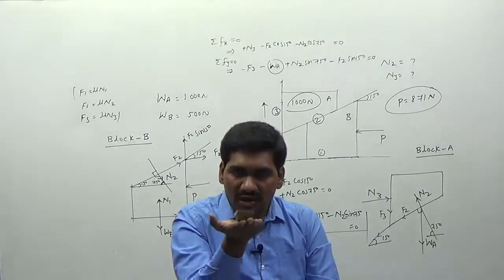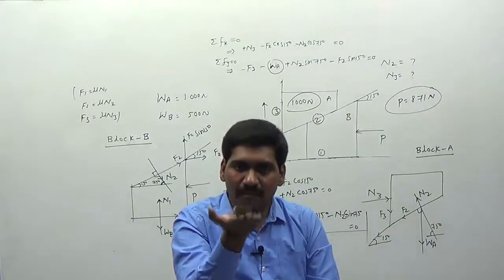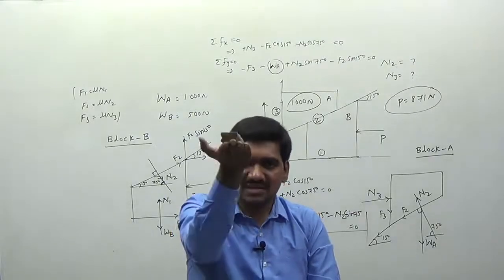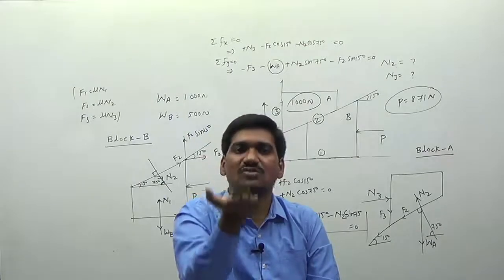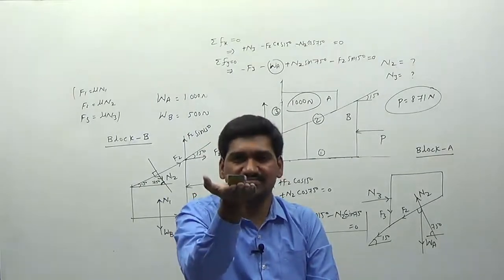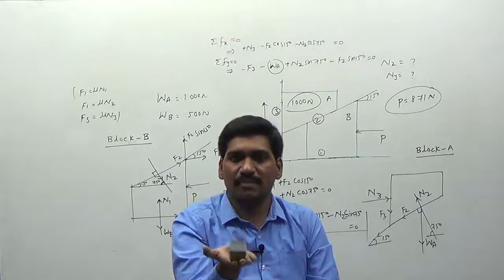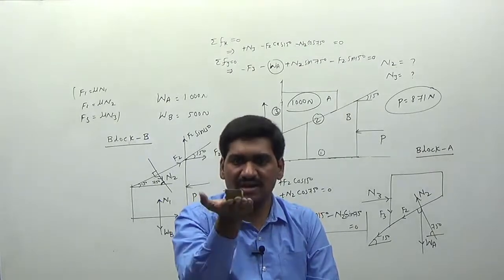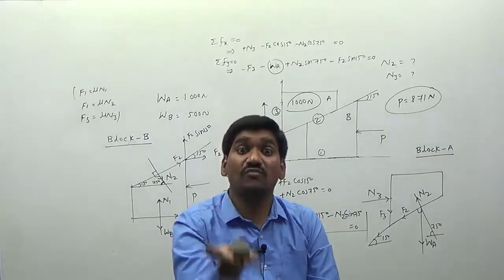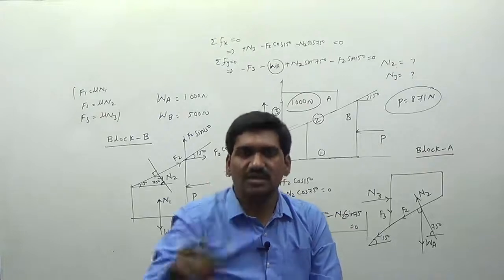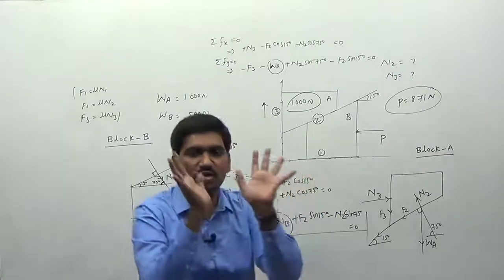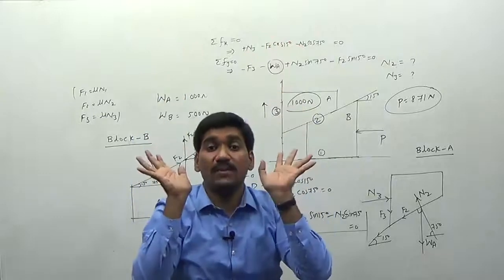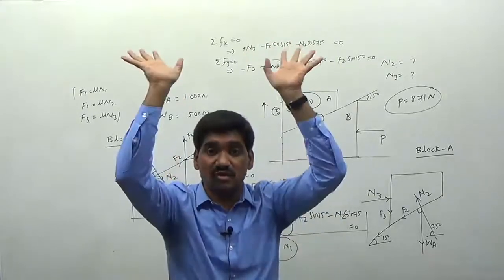Okay. So the effort that you are applying on the duster to raise the duster should be at least equal to the weight of the duster. Whatever the force that we are applying here, it should be always greater than the weight of the duster. Right. So in the same way, if you want to lift a weight of 1000 newtons, we have to apply a force which is always greater than 1000 newtons.